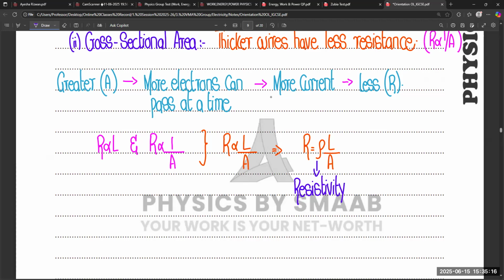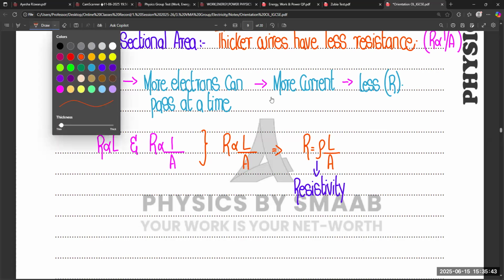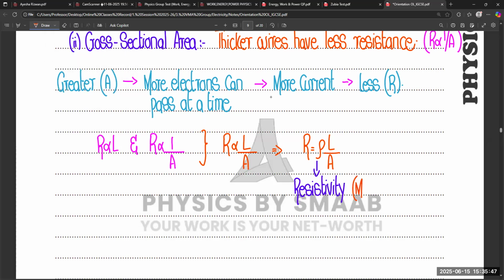Mostly, like 99% of the time in the question, the resistivity remains the same. So you don't need to learn any specific value for this resistivity, because that will most of the time remain the same, and it depends upon temperature.